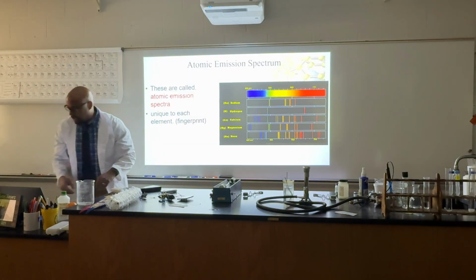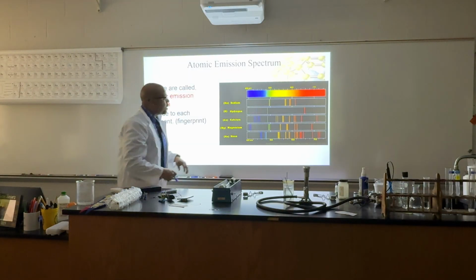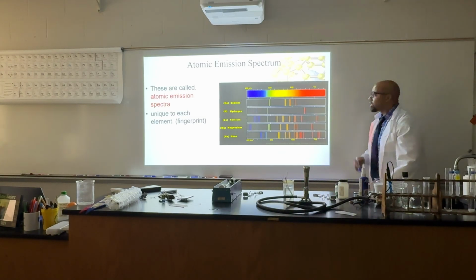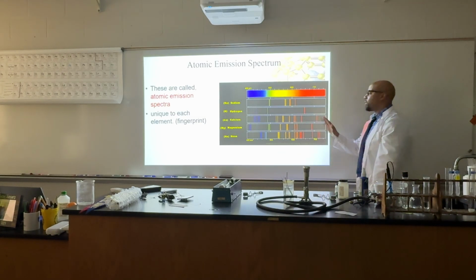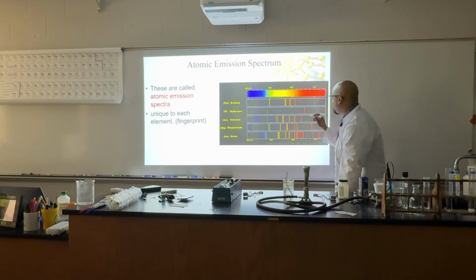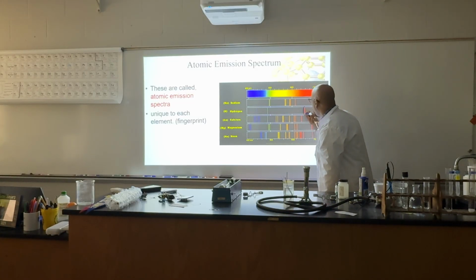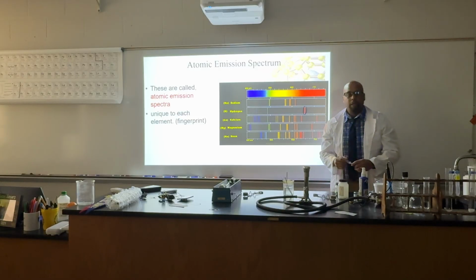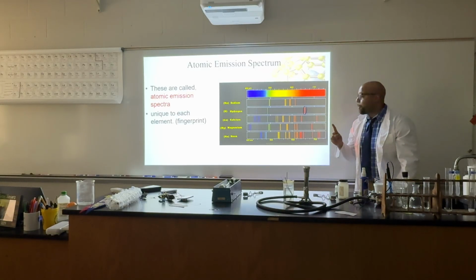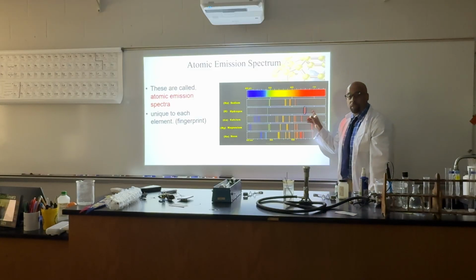Now, let me point another thing out here. When we look at these spectrums, these unique fingerprints for each one of these elements, sometimes instead of looking at the whole spectrum, they like to go in and focus on one photon. Let me explain why. Sometimes only hydrogen might be able to produce a red photon of a given wavelength.